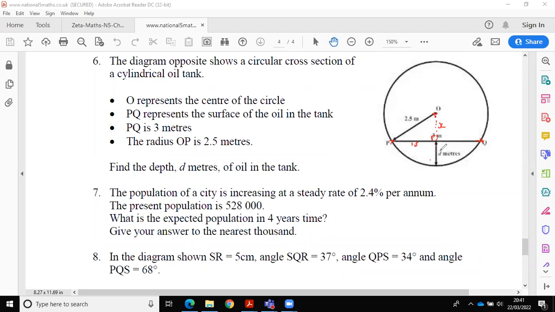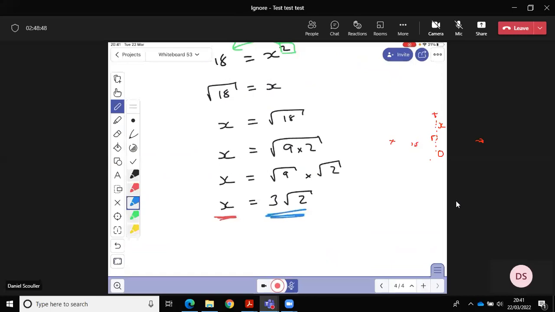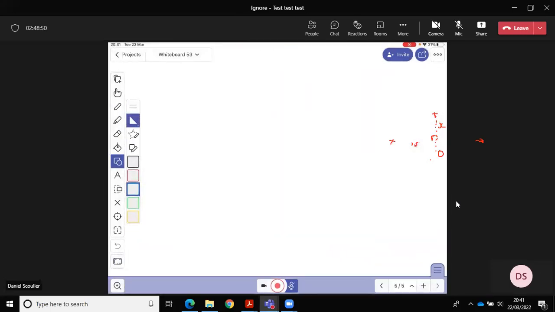That leaves us with d meters. Let's draw this out just so we're clear. So we've been left with a right angle triangle.